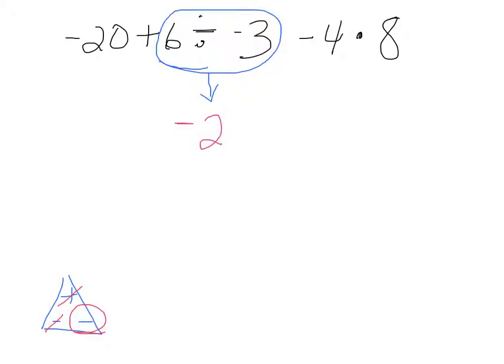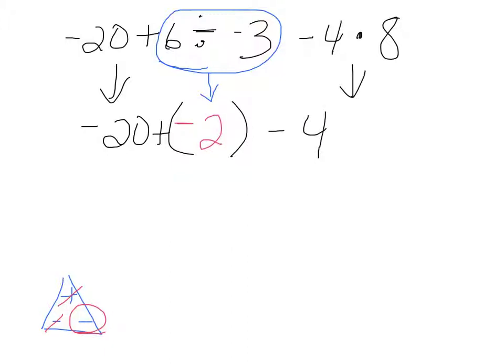I want to continue bringing down the rest of the problem exactly the way it is. So I have negative 20 plus negative 2 minus 4 or negative 4 times 8. Now it's okay to think of that as either a negative 4 or a minus 4. You're still going to come out with the same answer.